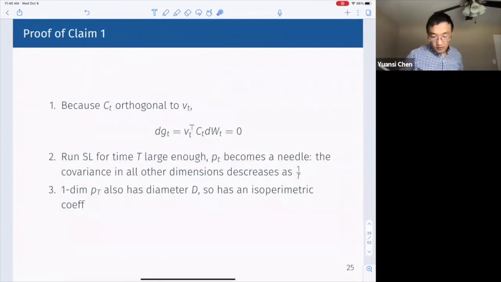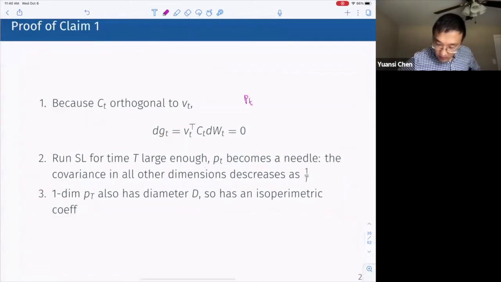Okay, so let's try to say this precisely. To prove this, claim 1 is that C_t is orthogonal to v_t, so you have this P_t(S). So P_t(S) is a constant, equal to P_0(S), equal to P(S).